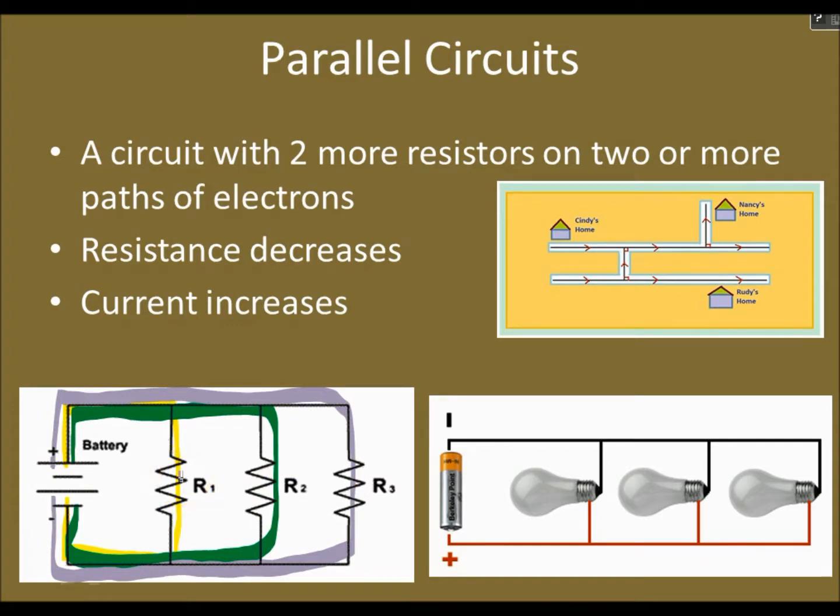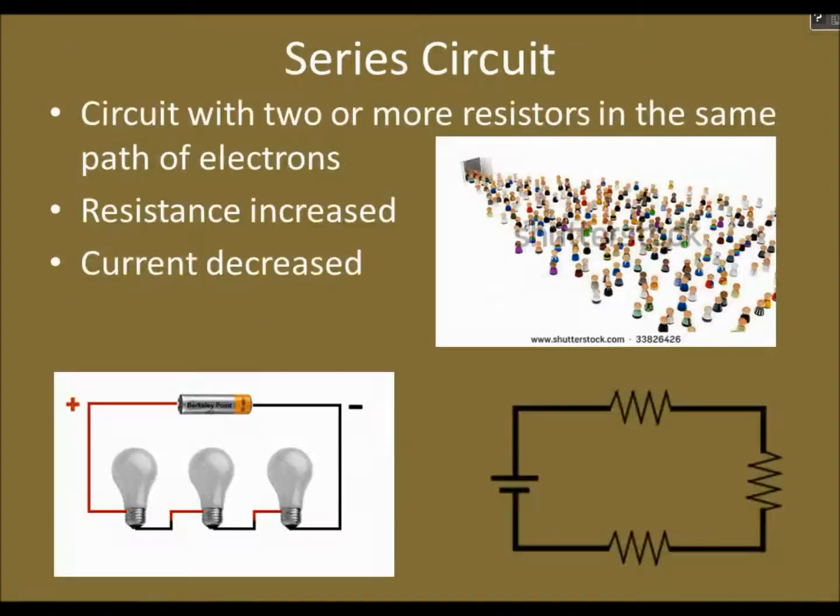So this resistor, and this resistor are all on separate paths. So if you can draw a pathway back to the battery without going through all of the resistors, then you have a parallel circuit. All right, just kind of to ram that point home, this is my series circuit, and I can't see that color, so I'm going to get another one.